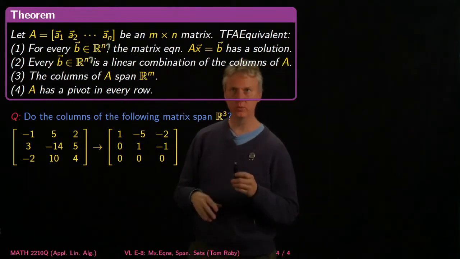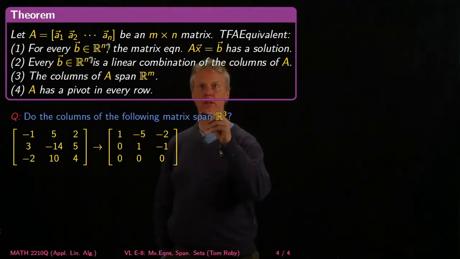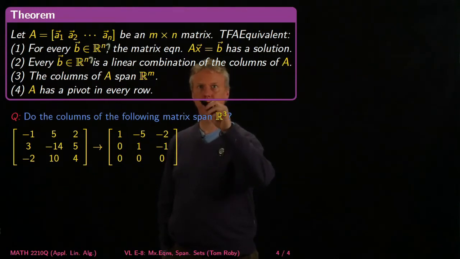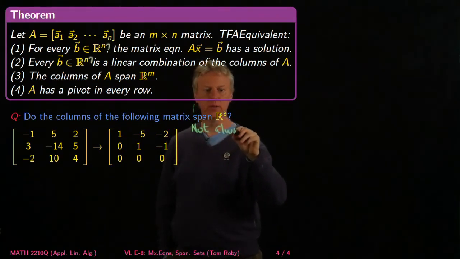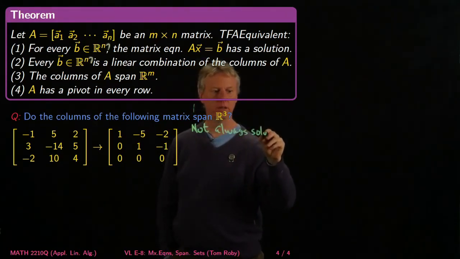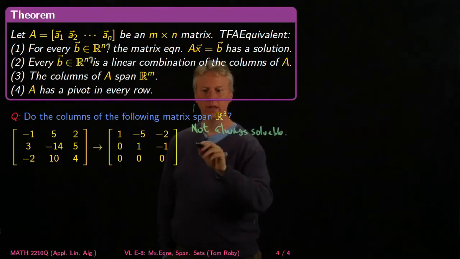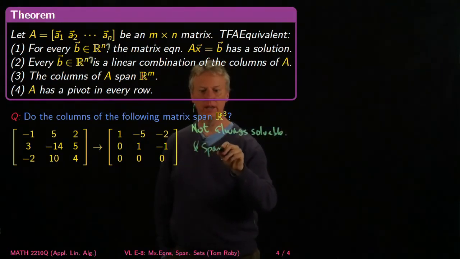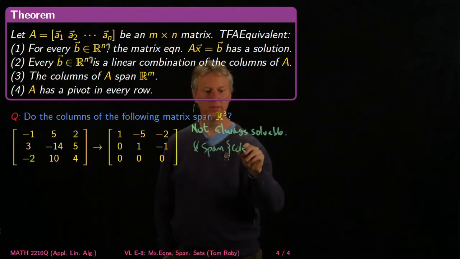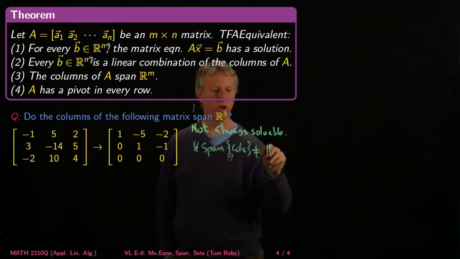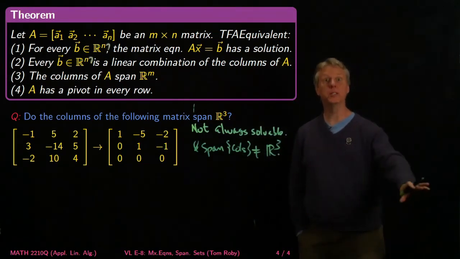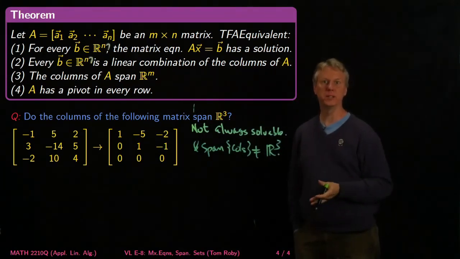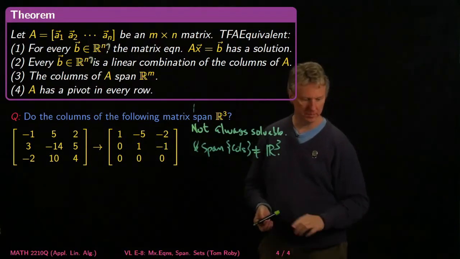So this one is not always solvable, and the span of the set of columns is not equal to all of R^3. Right? And this is the example we saw before where we could actually characterize it specifically as a plane in R^3.